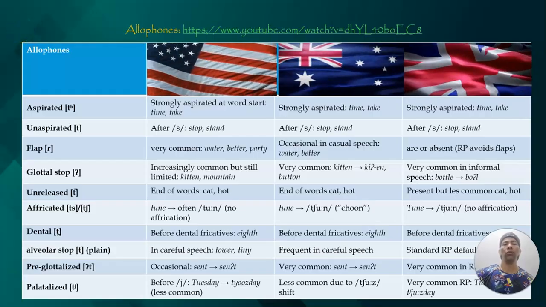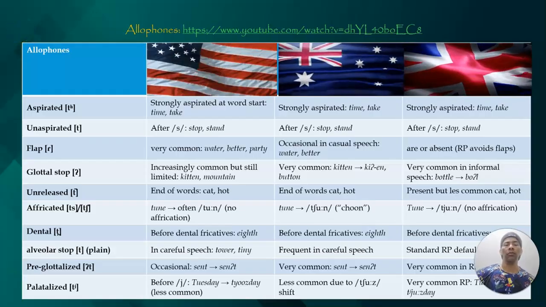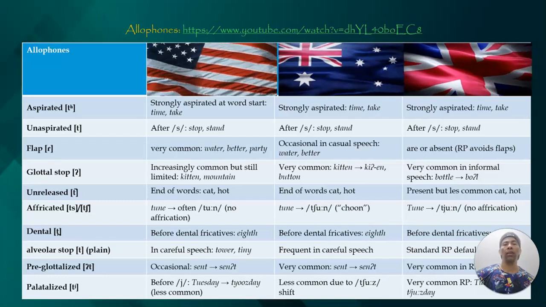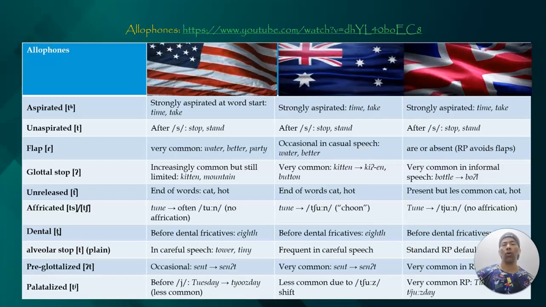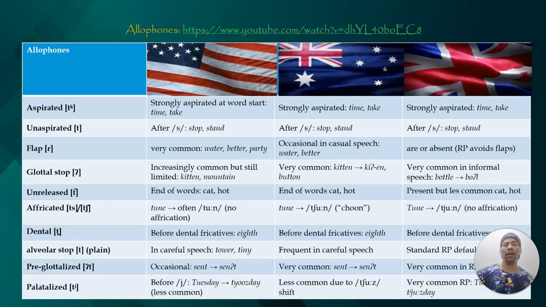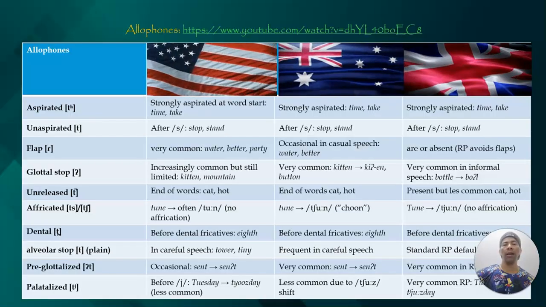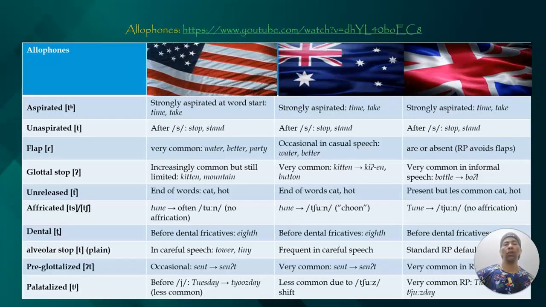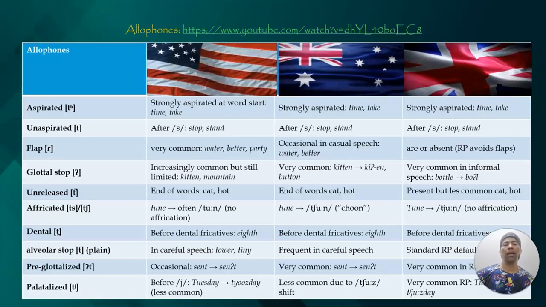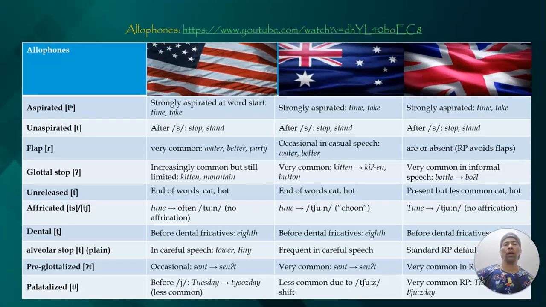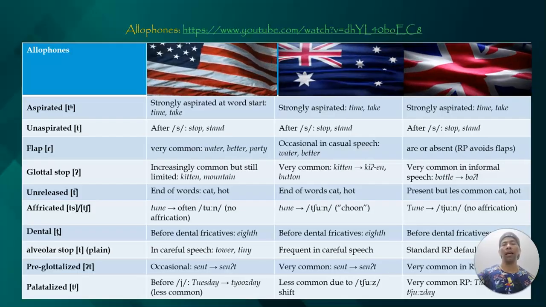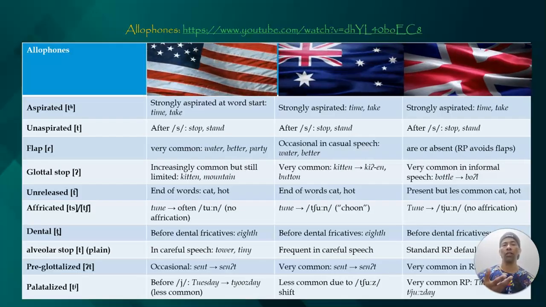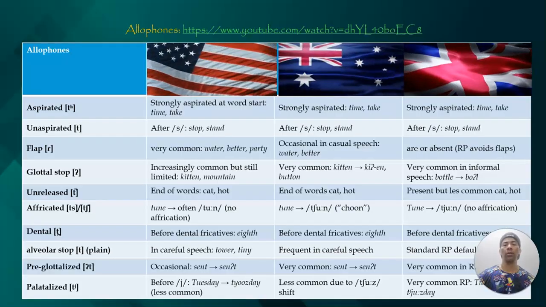Allophones have to do with the sound of a letter within a word. According to the position, the same letter may have a different pronunciation. At the beginning of the word, the letter is going to have a slight puff of air coming out of your mouth.